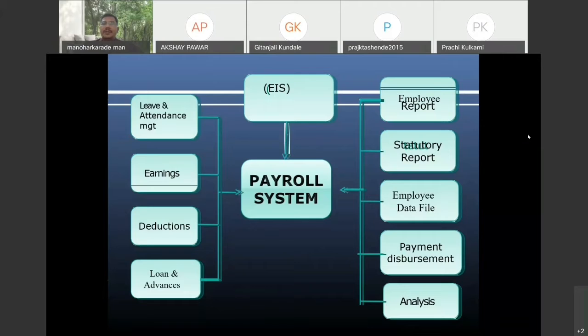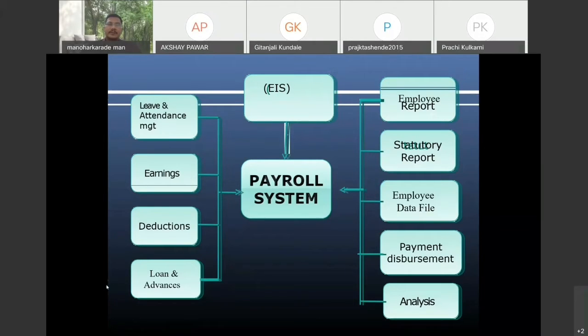And then employee data, what exactly the employee and their different aspects which we need to take into consideration. Employee data file will include various aspects we will discuss in due course of time. Then payment disbursement and analysis. So these are the basic aspects of any payroll management.